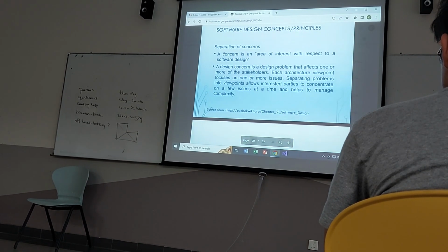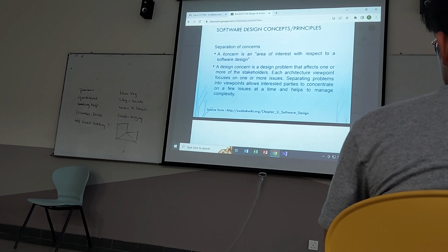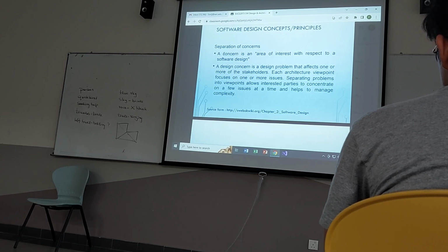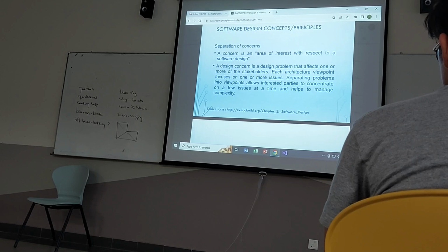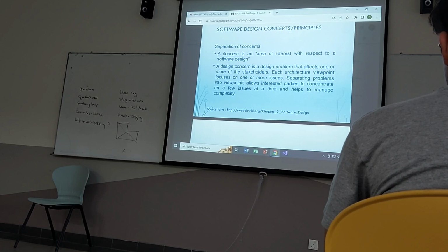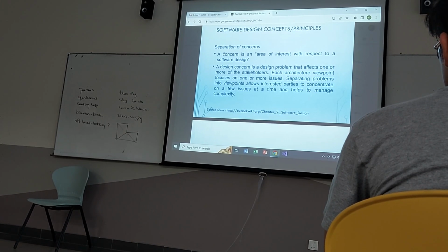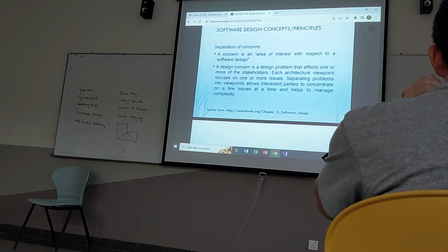Separation of concern. A concern is an area of interest in the system, for example security, authentication. Authentication means checking whether the user has the authority to access certain content or a certain part of the system.